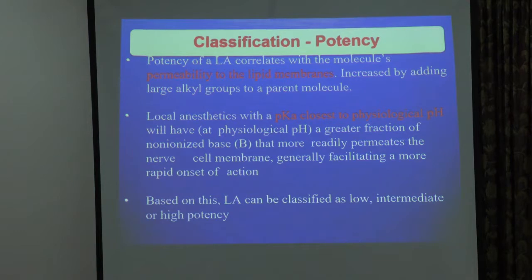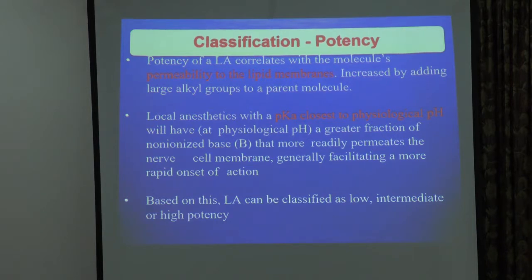Okay, so you know from basic physics that if your pKa is very close to the pH of the surrounding media, then you have most of your dissociated weak base or acid being in an uncharged form. So if the pKa of the local anesthetic is very close to the physiological pH, then you have more of it in the unionized form, and therefore it can easily cross the lipid bilayer and then initiate the blockade for you.